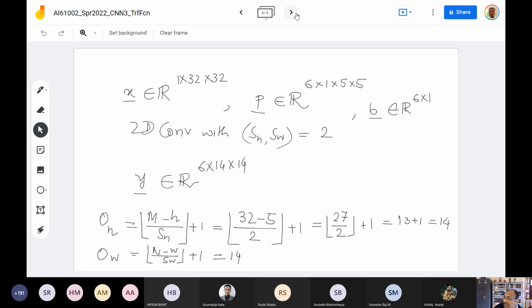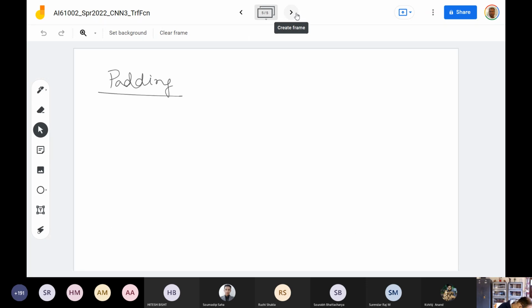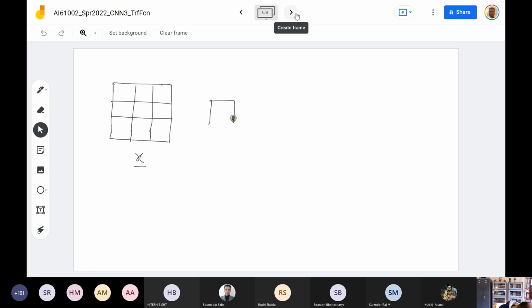Let me go to the next slide, and before starting padding, let me clear it off. You need to visualize it and then you will get clarity. So say I had this 3 by 3, and I'm convolving it with a 2 by 2, with a stride equal to 2.